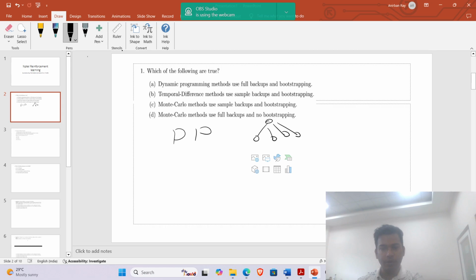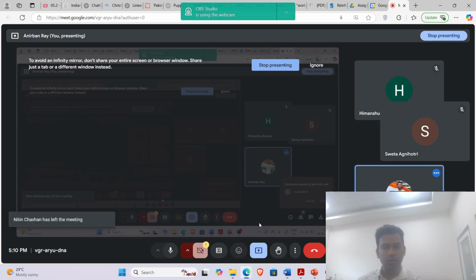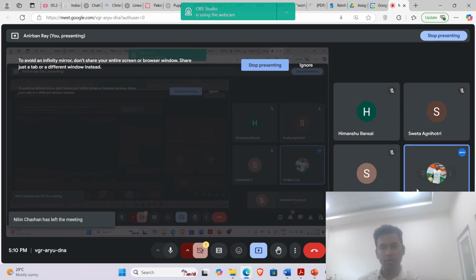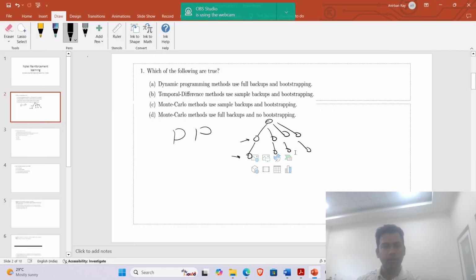These are the trajectories, and these circles denote the states that we have reached. In dynamic programming, you're exploring every state here, and after that you are exploring and exploiting the meaningful states more, leading to a convergence.